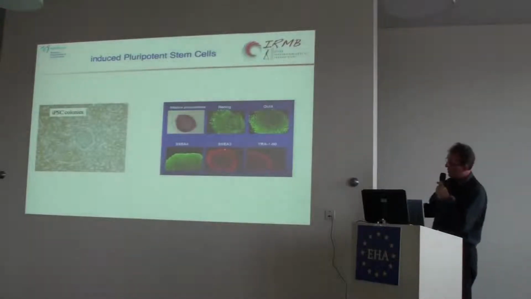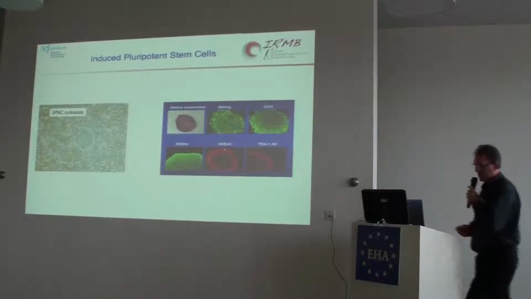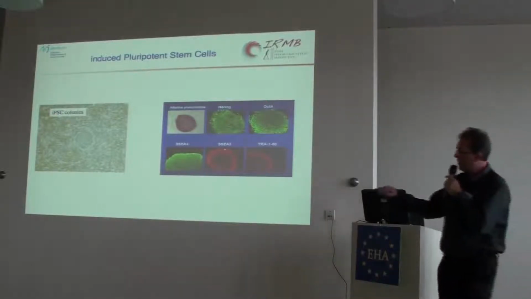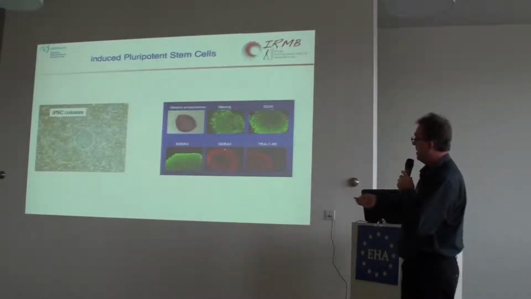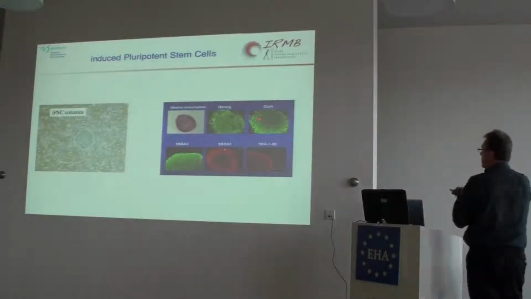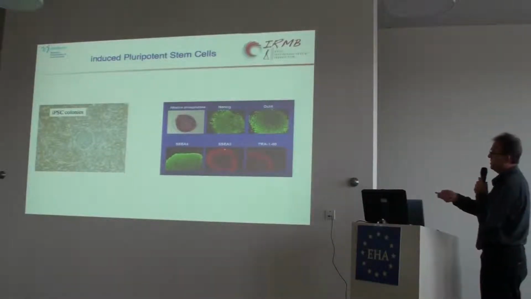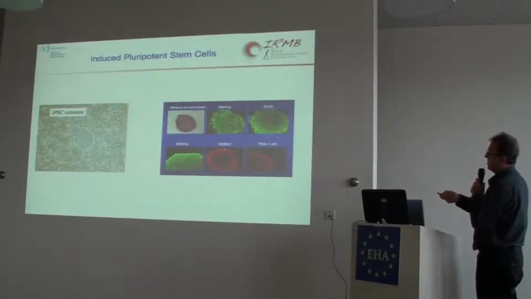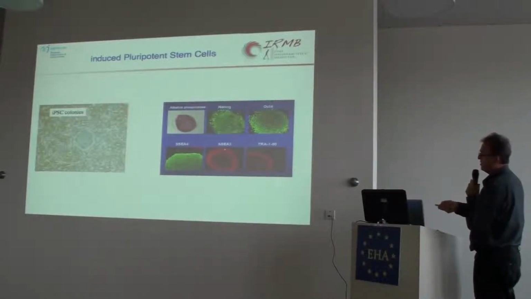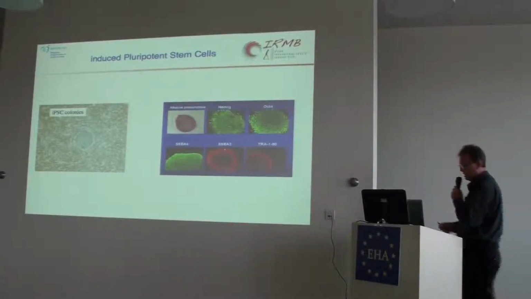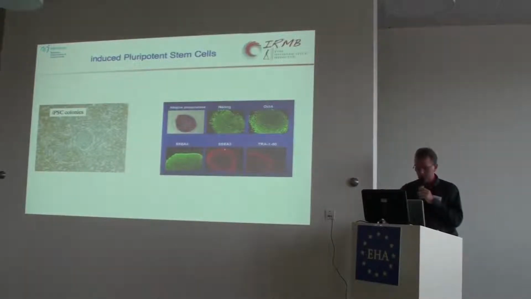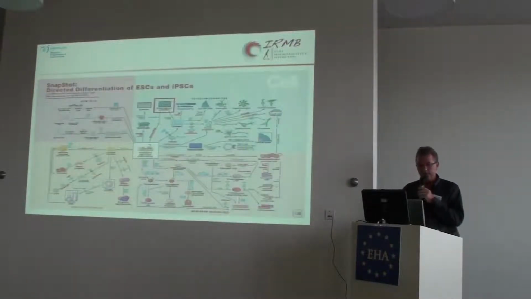So this is an iPS colony emerging from the fibroblast culture, and this is also what we have to do to characterize iPS, with re-expressing markers, but also cell surface markers that signal the pluripotency of the cell.